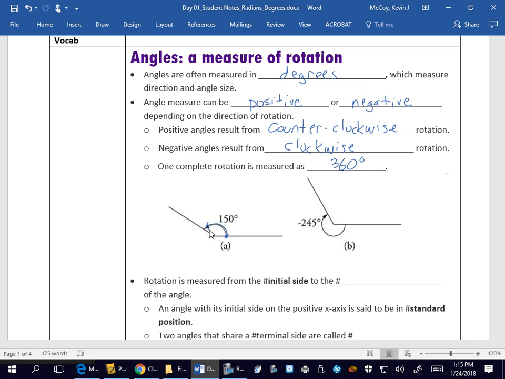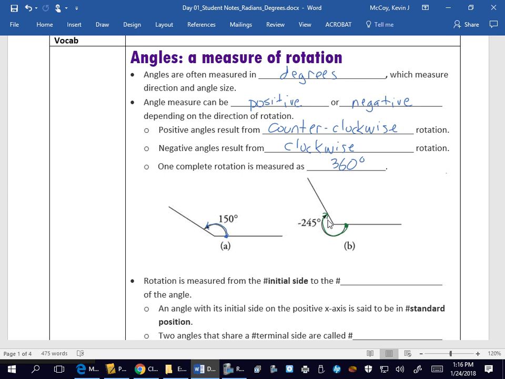If we look at the one I'm going to draw in green here, letter B, if I start at the dot there in green and I go the other direction in a clockwise rotation, the same way the clock's hands would move, that is actually considered a negative angle because it's going the opposite direction.